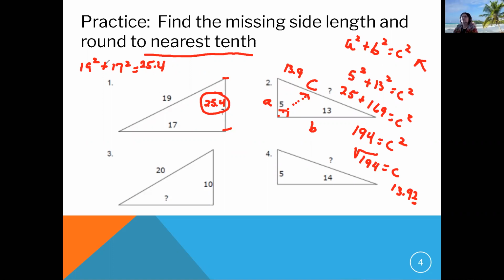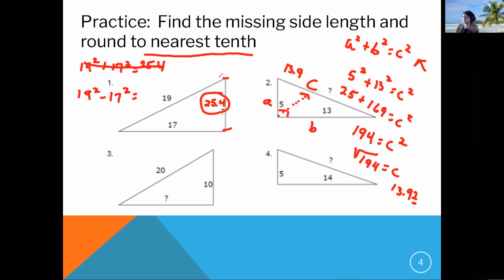That's why you end up subtracting. So this was incorrect. You have to subtract when you're given the hypotenuse, because the hypotenuse is the longest side. And what did we get for that answer when we did that? 19 squared minus 17 squared, and then that was 72.